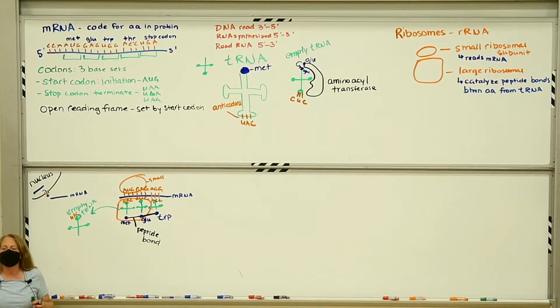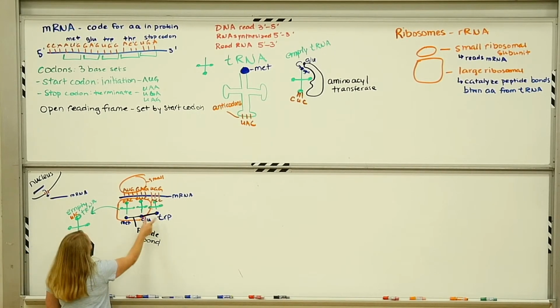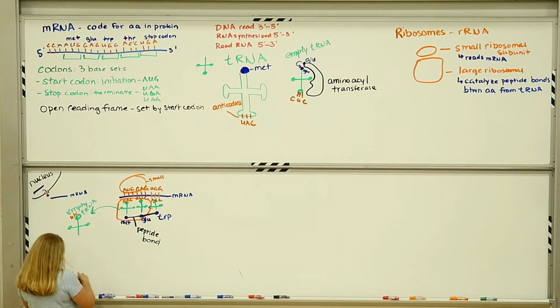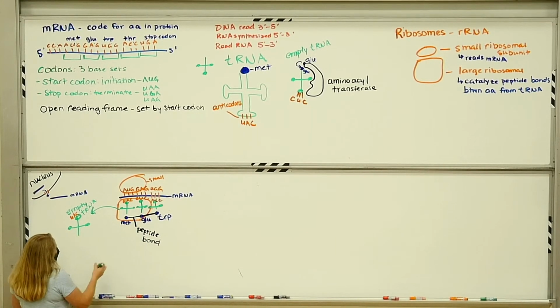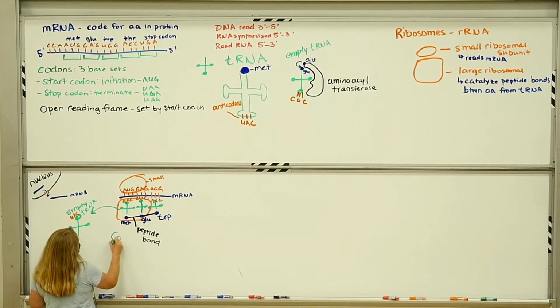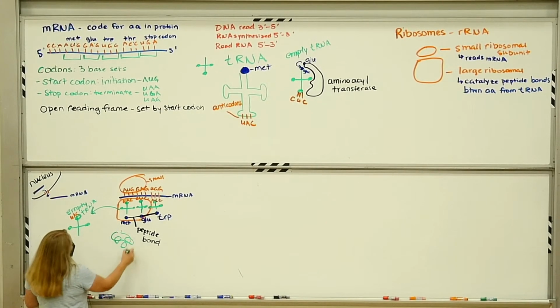Just keeps reading each codon, adding the new amino acid, creating the peptide bond between it, and then we have a final protein, which we usually just draw as a squiggle. We're like, okay, we released it. There's our protein.